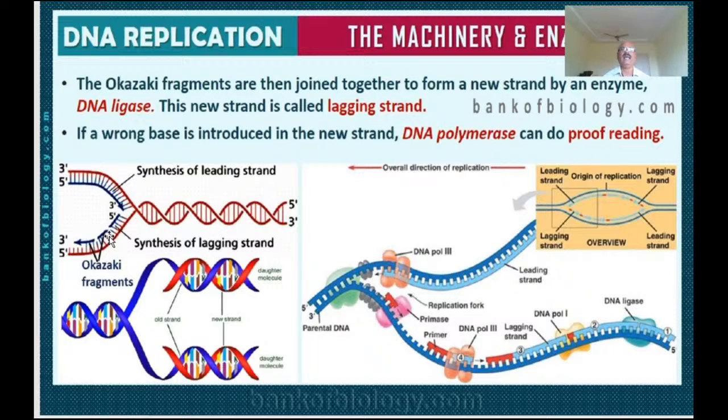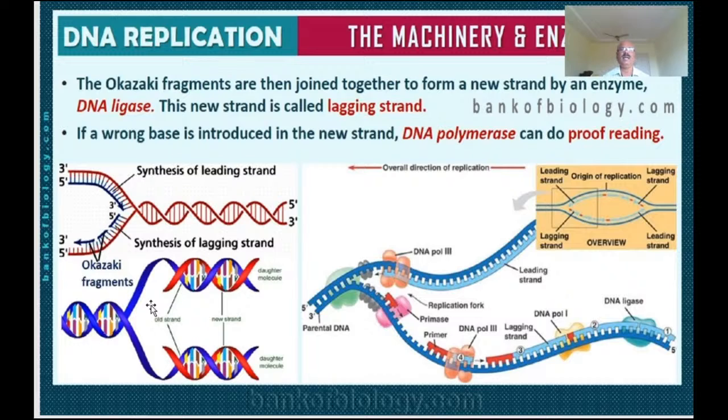If a wrong base is introduced in the new strand, DNA polymerase can do proofreading. So whenever a new strand is formed, adenine pairs with thymine and vice versa, guanine pairs with cytosine. These are the complementary nitrogen bases.